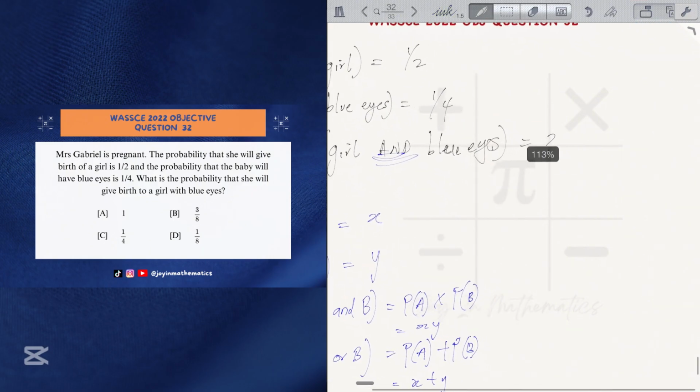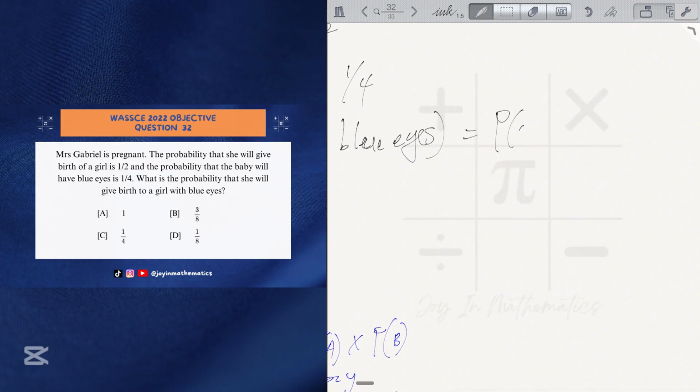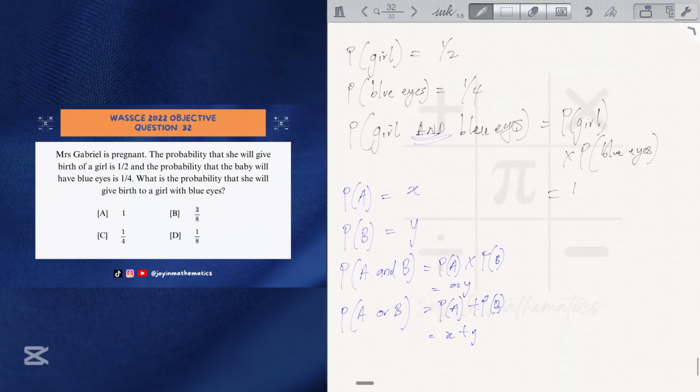It will be the probability of the baby being a girl multiplied by the probability of the baby having blue eyes. So this will be 1 over 2 multiplied by 1 over 4, which gives us 1 over 8. 1 over 8 is equivalent to option D.